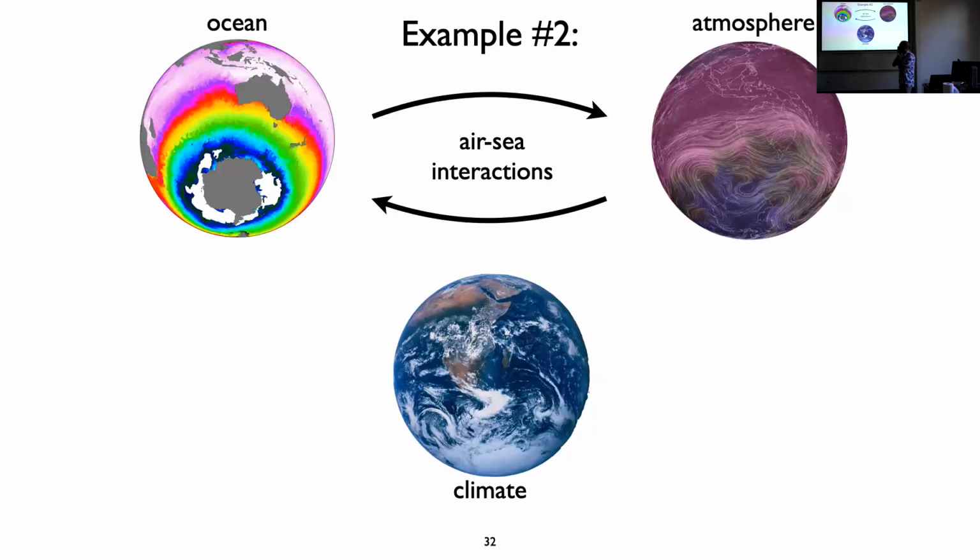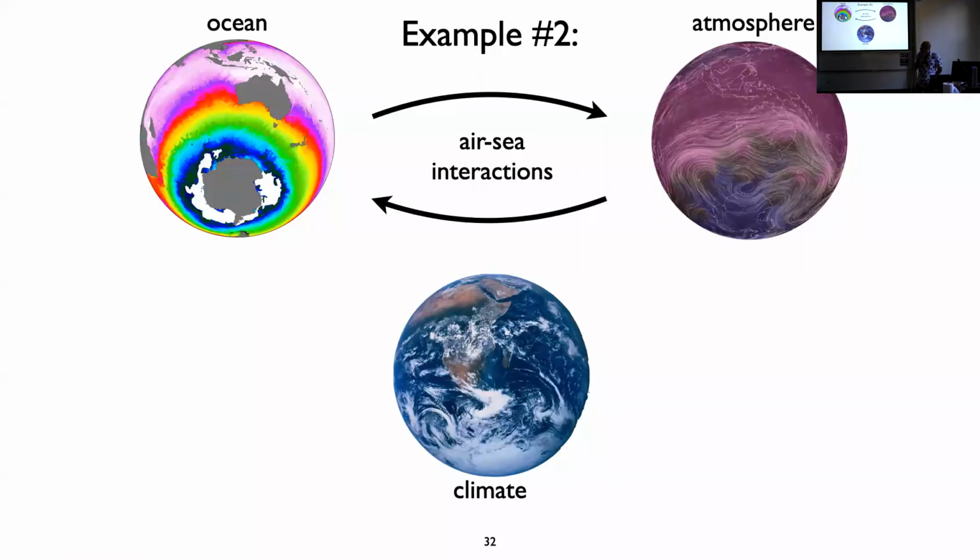So the next problem I wanted to discuss is about understanding Earth's climate interaction. In climate, the ocean and the atmosphere communicate at the sea surface. They exchange heat, momentum, everything. And this is an integral part of the climate.